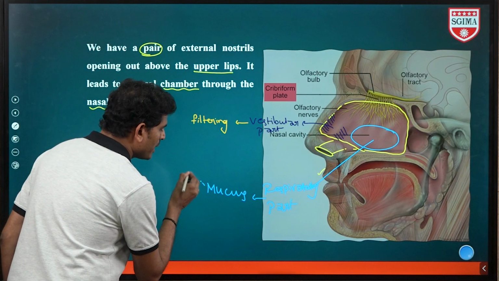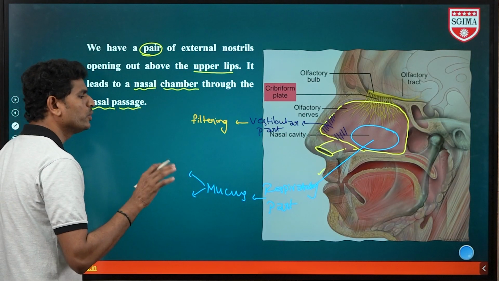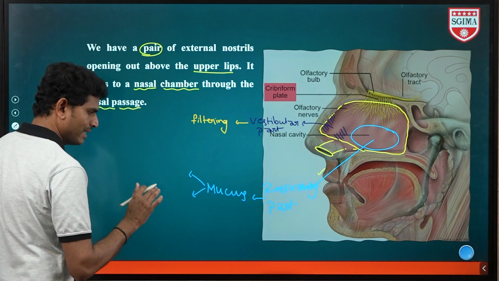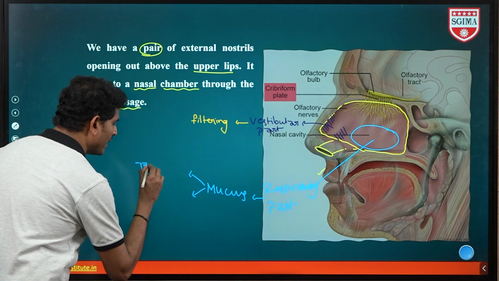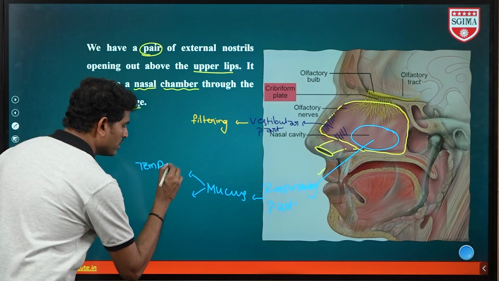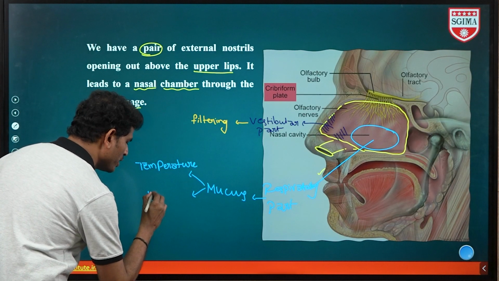What is the use of this mucous membrane here? The mucous membrane is used for two things: it adjusts the temperature and humidity of the air.